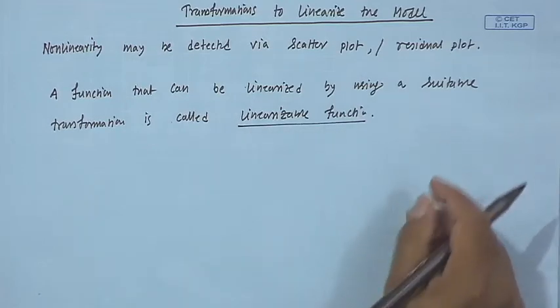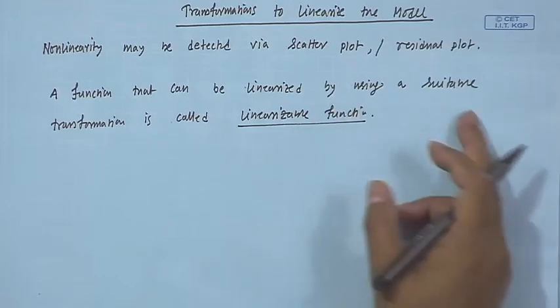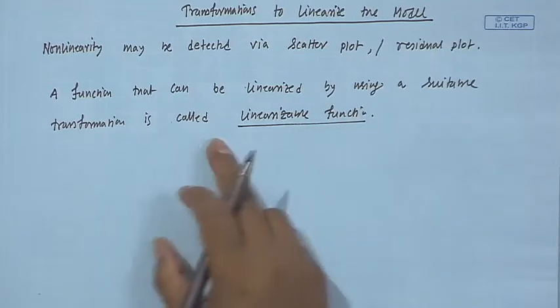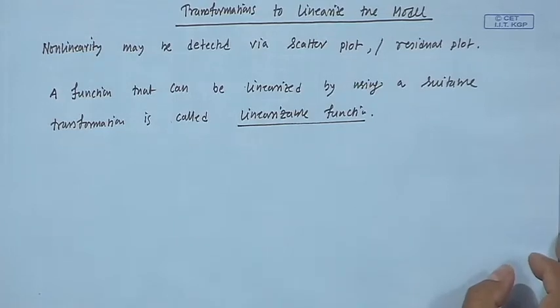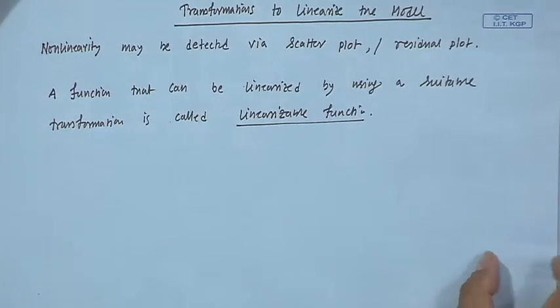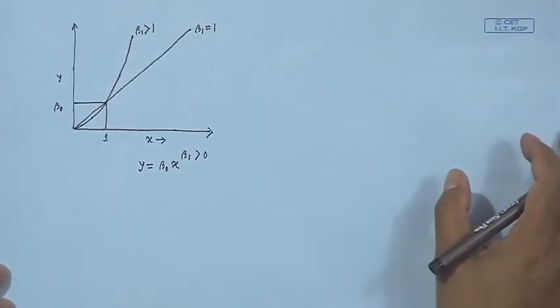So, there are some functions which can be linearized by using a suitable transformation very easily. Those are called linearizable functions. Okay. Next, let me talk about some more examples.